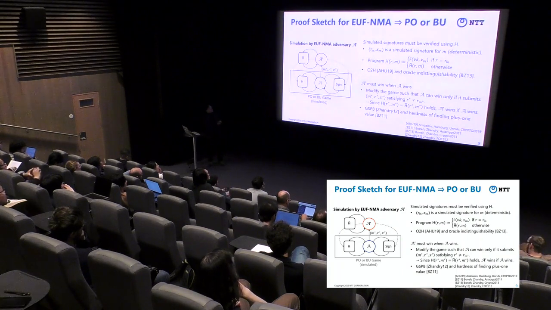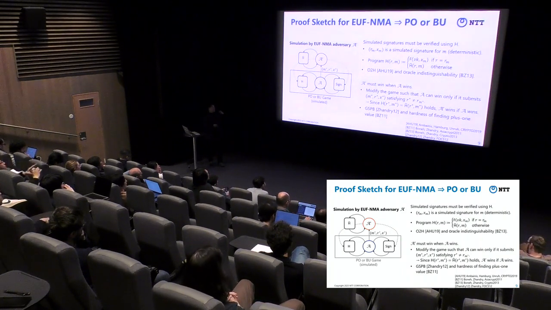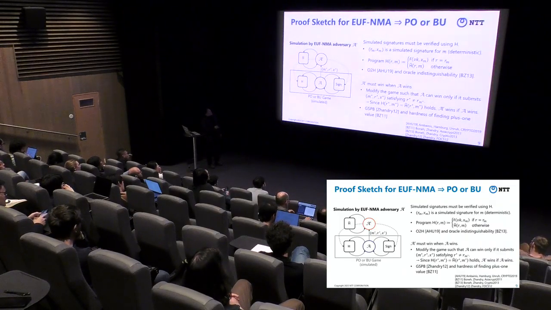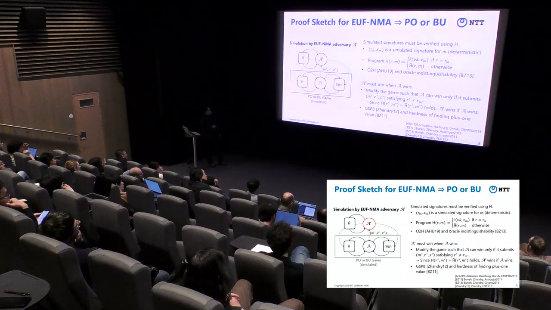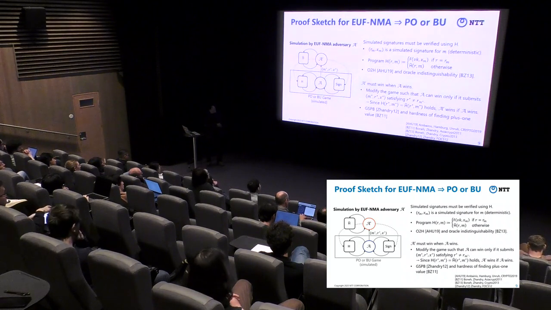And to achieve this purpose, we program the random function like this equation. For the first part, if the salt equals the one generated by the message, we use the trapdoor function to compute the random function. And due to this equation, we can verify the simulated signature using this random function. And for the rest, we use the random function accessed by the EF-NMA adversary. Actually, this is also important for him to win this game.